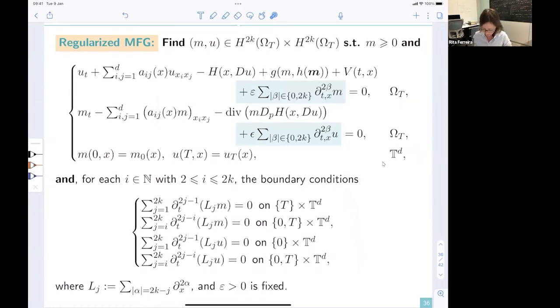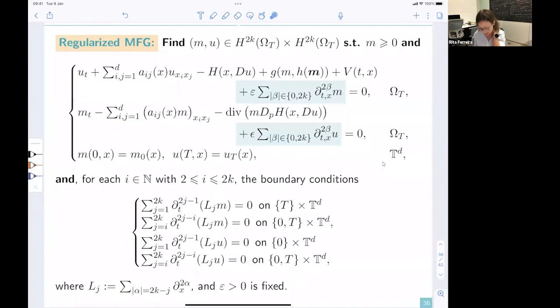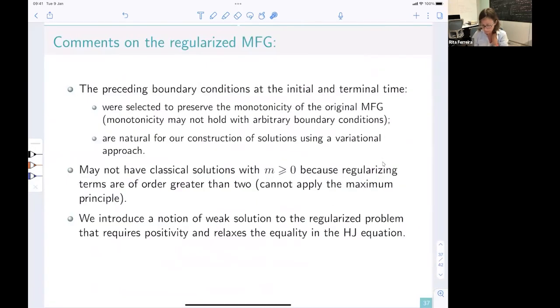I will not go too much into detail, but I will comment on why these extra boundary conditions appear. First of all, one important thing is that we cannot just put any regularization on the problem.